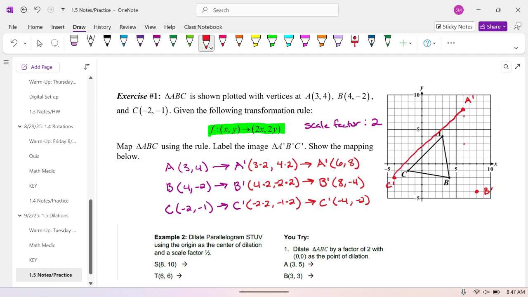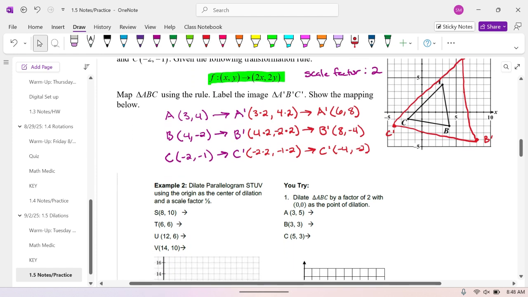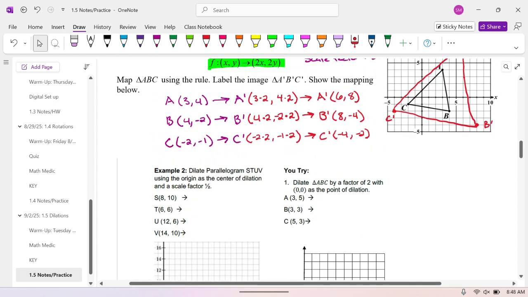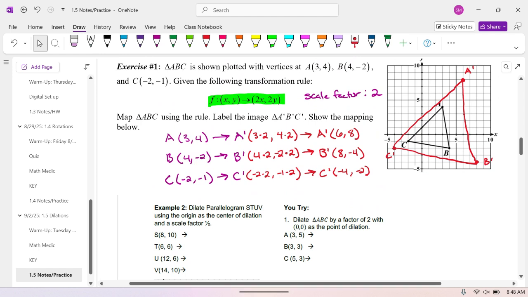So this would be my new figure. All right, any questions on exercise 1?